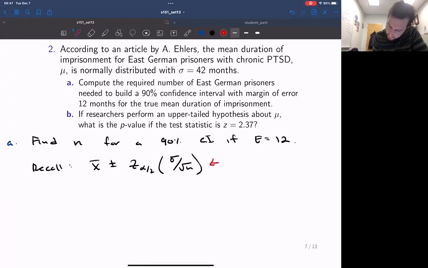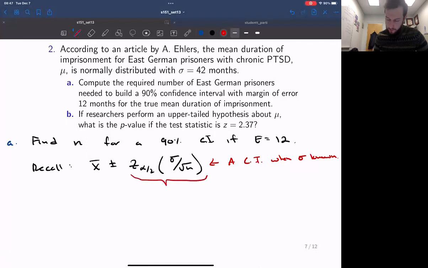So this is a confidence interval when sigma is known. Okay, now remember, the second part is, this is our formula for the confidence interval. This is the margin of error.